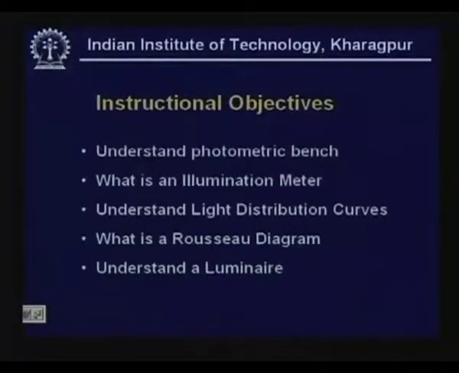The objectives of this lecture are: 1. To be able to understand what is a photometric bench, what is an illumination meter, understand the light distribution curves, what is a Rousseau diagram, and what is a luminaire. So this is the framework under which we are going to address this particular lecture.